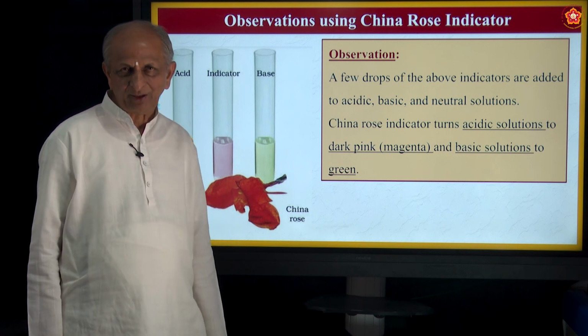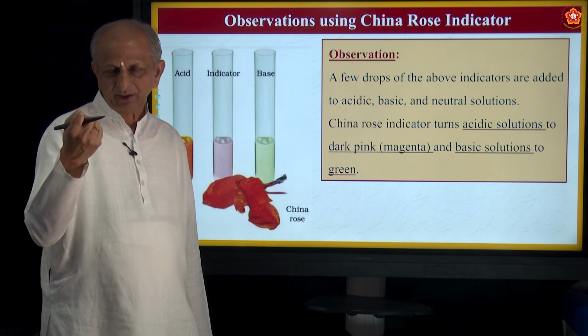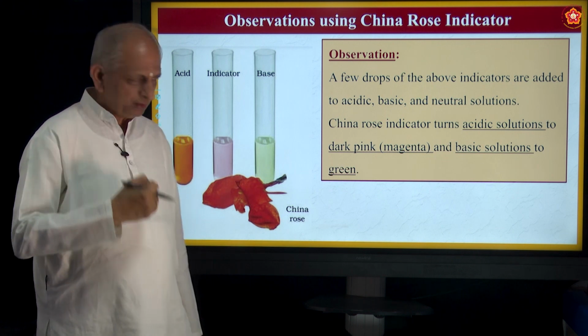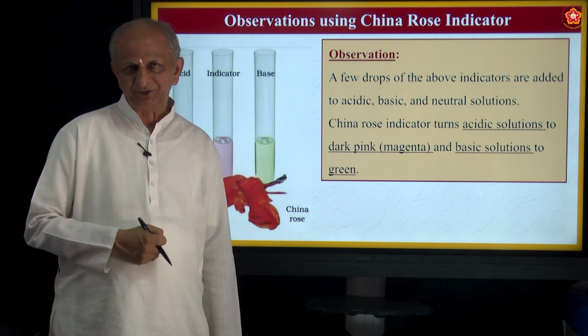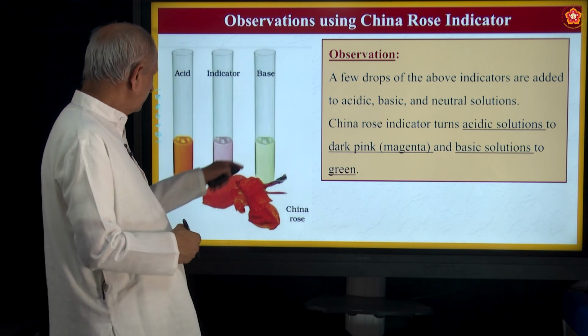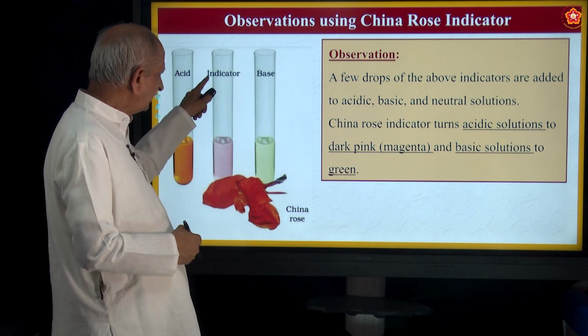How do you get acid solution? Say lemon solution, or tamarind solution, or buttermilk also you can take. And basic means what? Lime water, best is lime water, calcium hydroxide. So take lime water. Take some of this indicator, namely China rose.